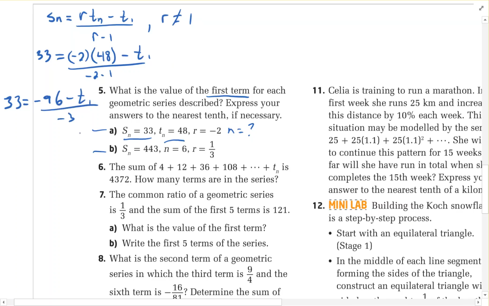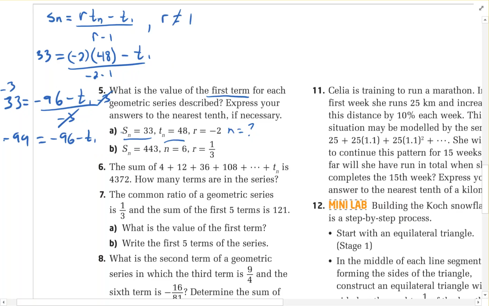All right, so now it's just a little bit of algebra. So let's get rid of this 3 first. I'm going to multiply both sides by negative 3. So this side's also being multiplied by negative 3. So we're going to have negative 99 is equal to negative 96 minus T1.